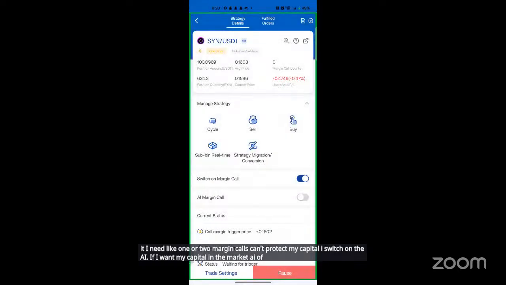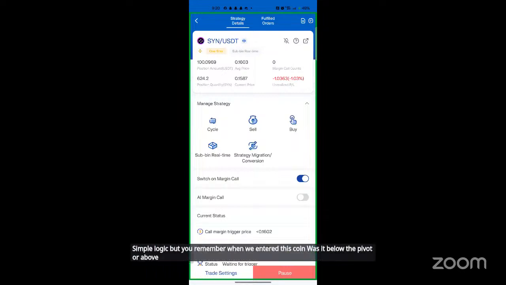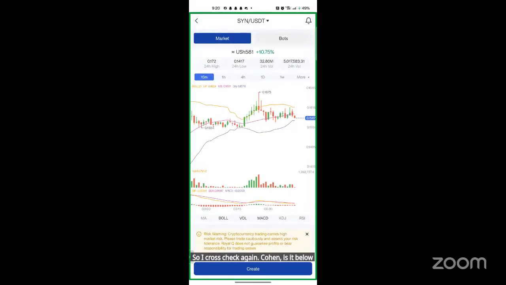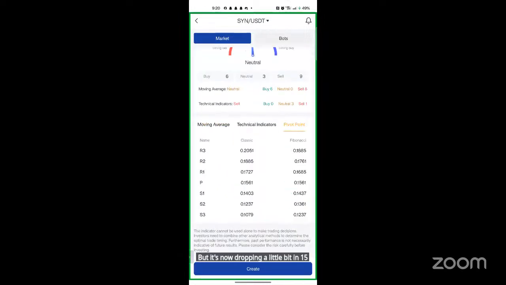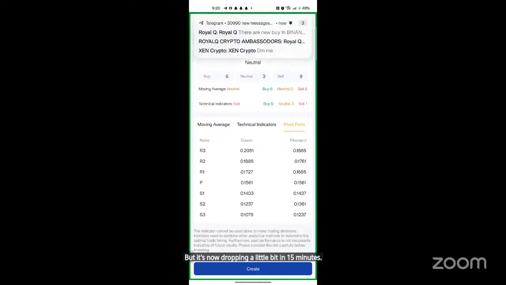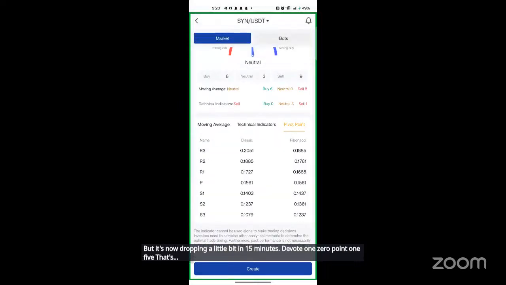Simple logic. But you remember when we entered this coin, was it below the pivot or above the pivot? So I cross-check again. Coin, is it below pivot, above pivot? It's now dropping a little bit in 15 minutes. Pivot, 0.156. The coin is still above the pivot.